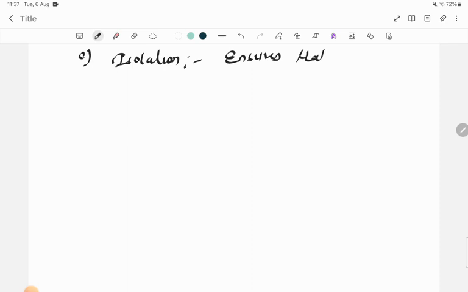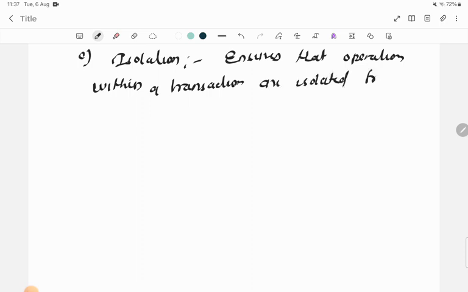It ensures that operations within a transaction are isolated from other transactions. Okay, it should be isolated from other transactions.